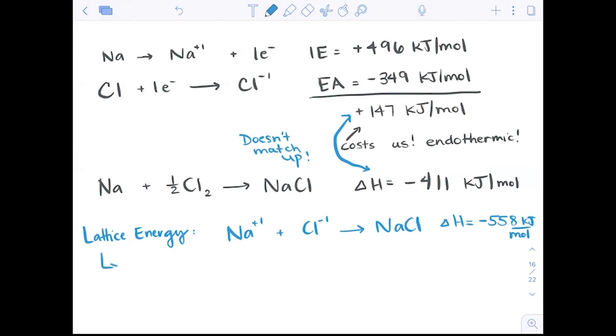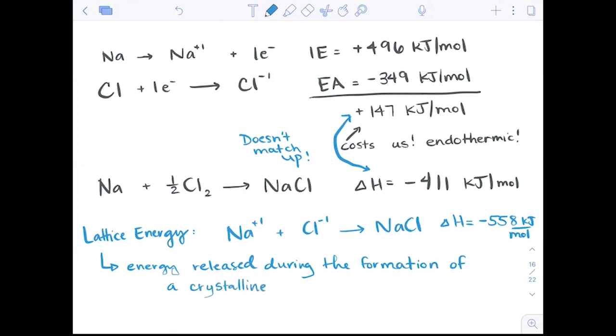Lattice energy is going to be defined as the energy released during the formation of a crystalline lattice. That means it's overall exothermic.